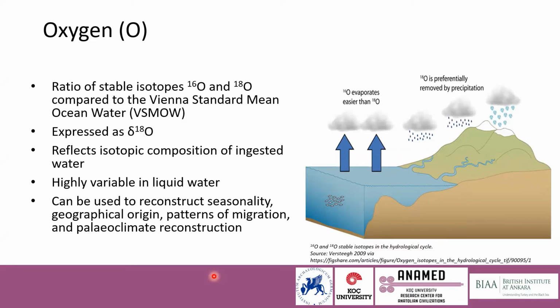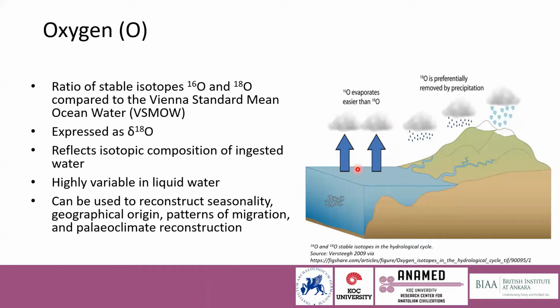Whether it's an animal or human, it gives you the isotopic signature of the water that's been ingested. It's very highly variable, but when you tease it out and understand it, it can be used to reconstruct seasonality, geographical origin, patterns of migration, and also for paleoclimate reconstruction.